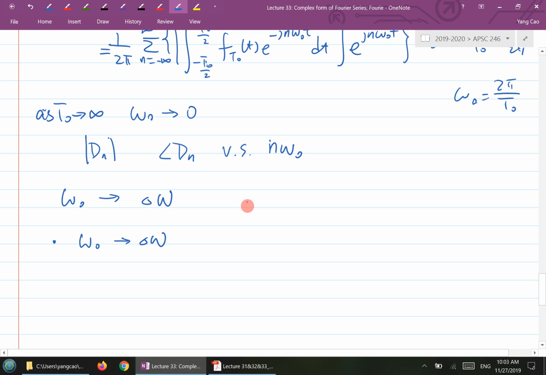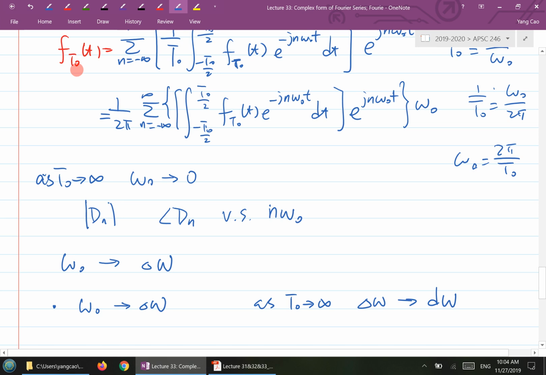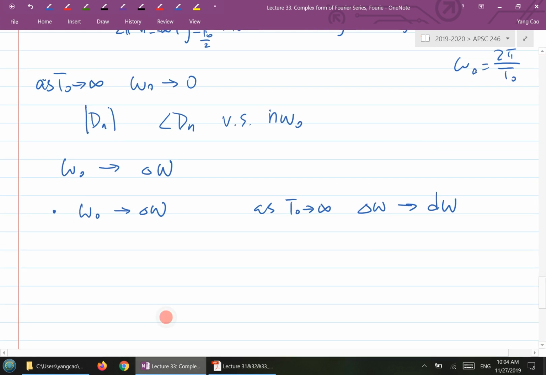Then as T naught goes to infinity, the delta omega becomes a differential omega. So delta becomes a differential sign. Also the n omega naught becomes n delta omega, and becomes basically omega.